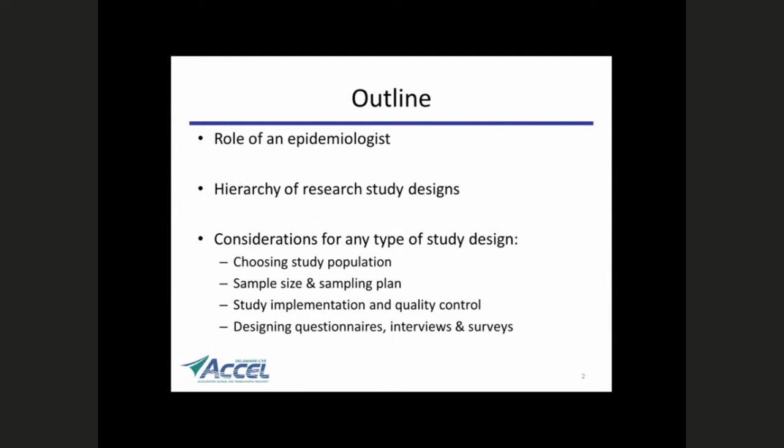And how do we get those people? So the sample size and sampling plan. How do we actually implement a study, and how do we have fidelity to that study protocol, and think about quality control of the data that I'm collecting, and how do I collect data? How do I design a questionnaire, an interview, a survey? So we're going to talk about those four considerations in the context of study design and doing health research.